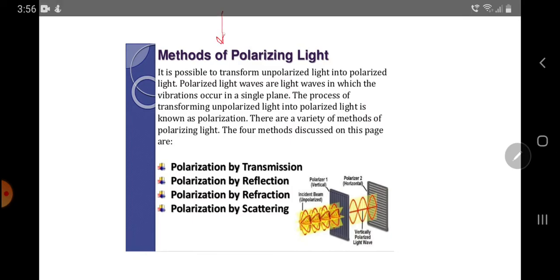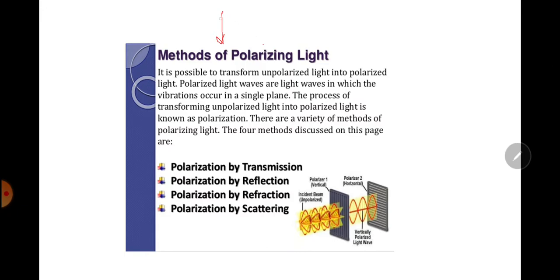Now consider the same example. All types of vibration pass through a polarized lens. Only horizontal is allowed.